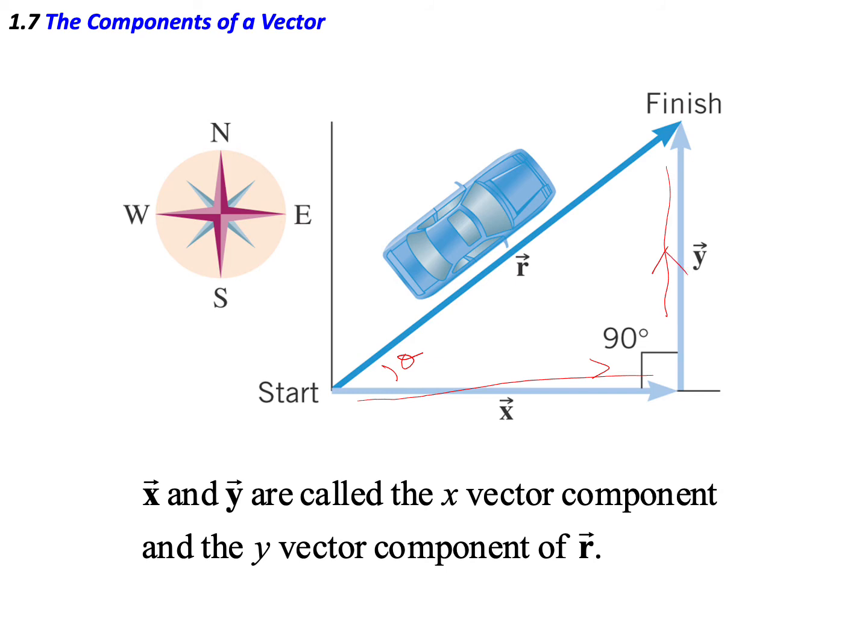We know that if you add this x component and y component, you will get R. So x and y are called the x vector component and y vector component of this vector R. Because this is the x direction, the component of R along the x direction, we call it the x vector component. The component of vector R along the y direction is the vertical component of R.